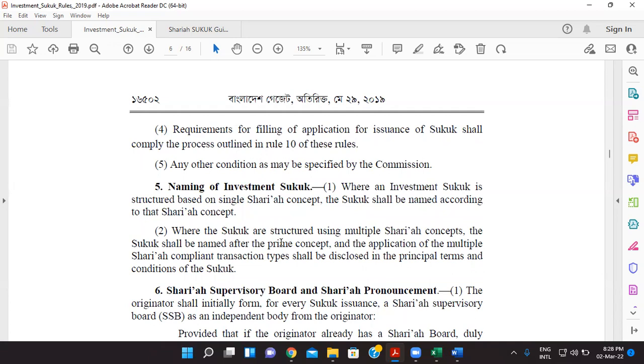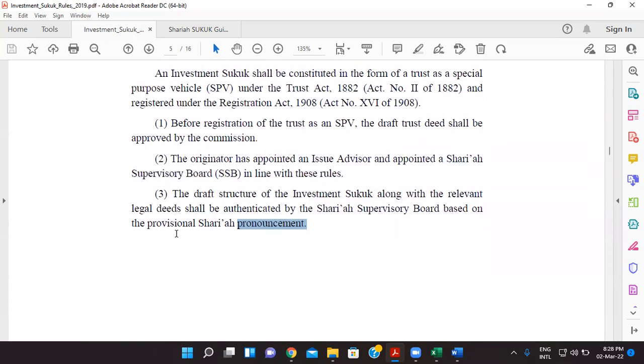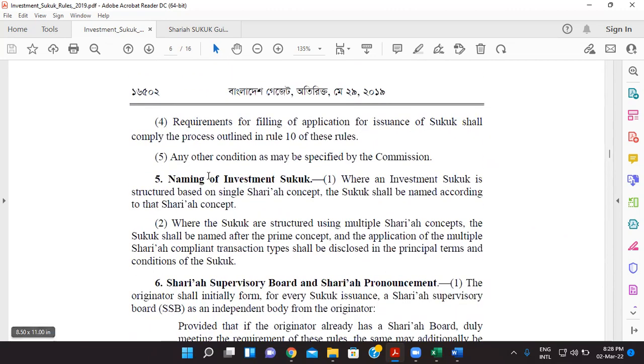So you see that the auditor makes some pronouncement. So here, the Shari'ah Supervisory Board will make a pronouncement of how they have authenticated this draft structure. I'll show you a structure of how they should declare this.